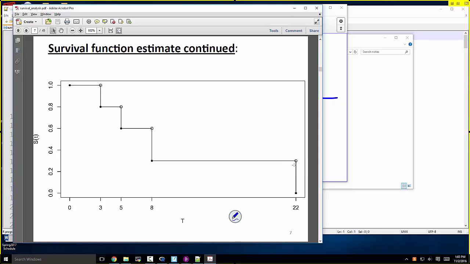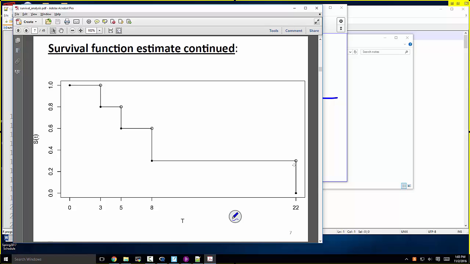If this last time point was right censored, then this survival curve estimate would not drop down to 0. It would just carry out at that final value, which happens sometimes in practice.